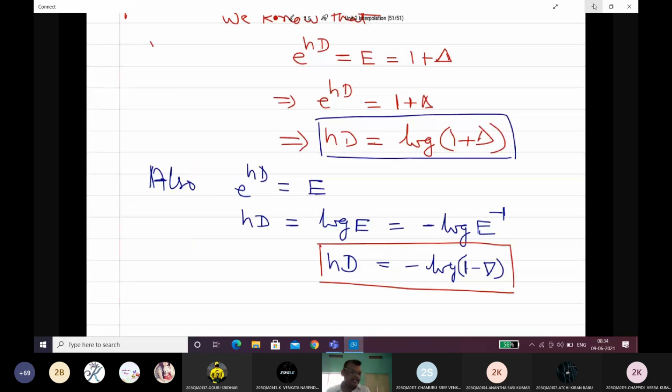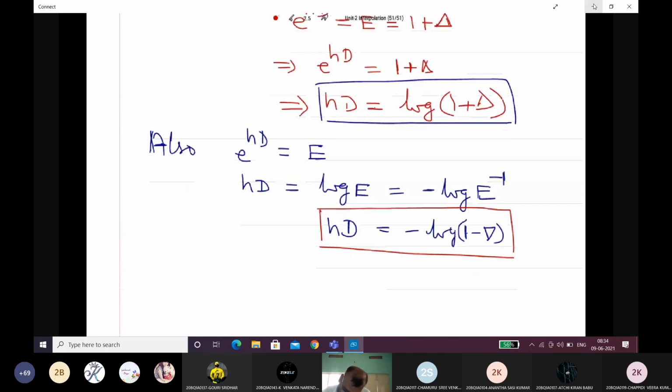Okay. And what is the third one? Again, we have to prove this one as sin h inverse mu delta. Now, first we have to write down the formulas for mu. What is mu?